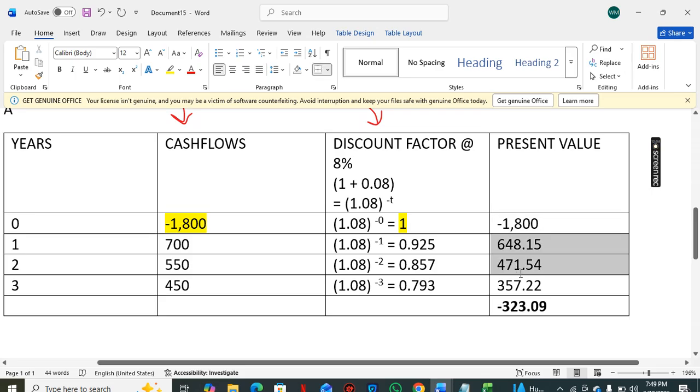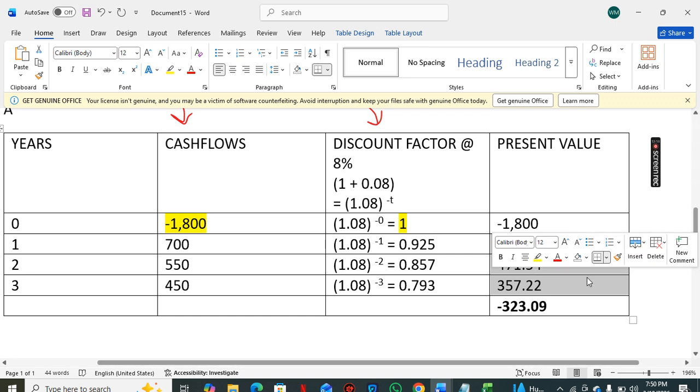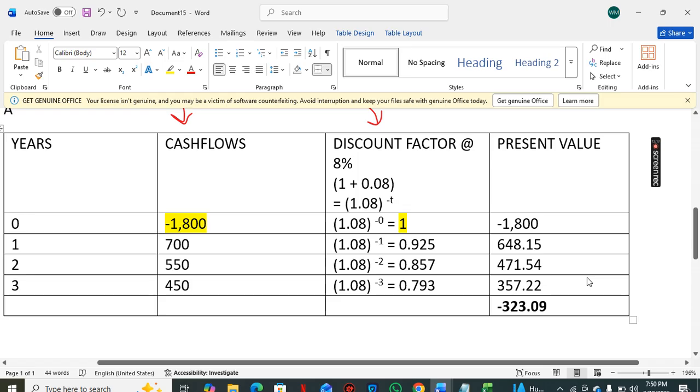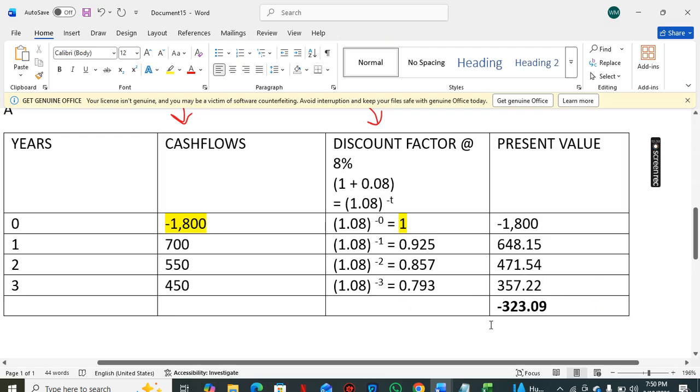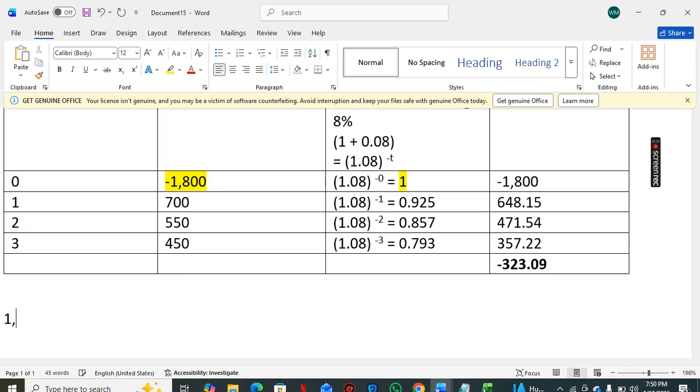If you add up these positive numbers, 648.15 plus 471.54 plus 357.22, yes, you get 1,476.91.